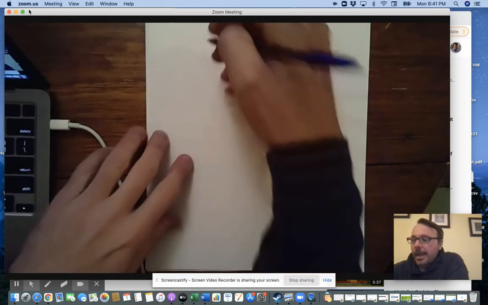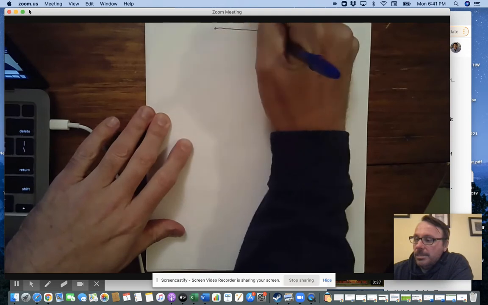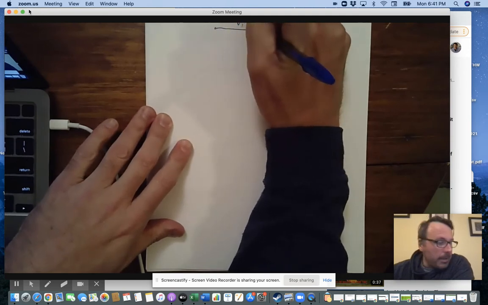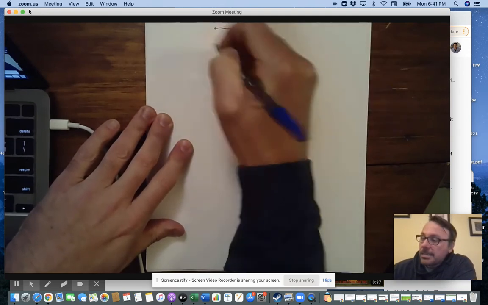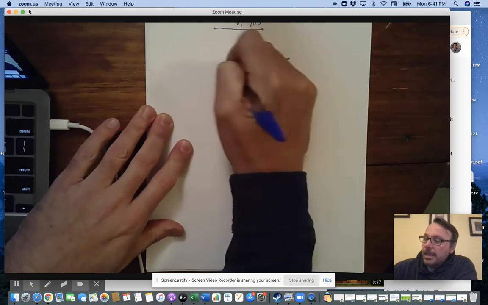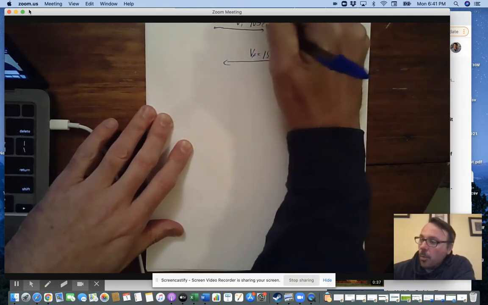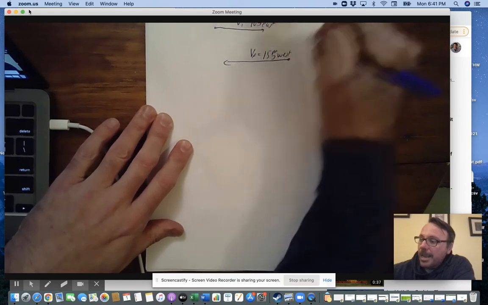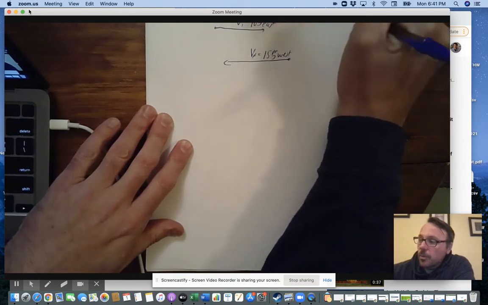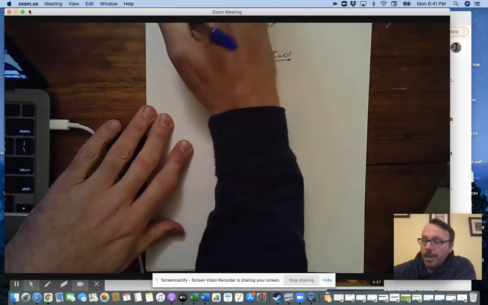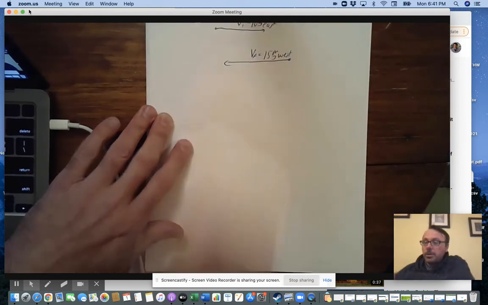Well, let's look at the same situation, but now let's have my initial velocity being 10 meters per second east, and my final velocity is equal to 15 meters per second west. And we will maintain our positive is to the right declaration, and our mass is still 20 kilograms.